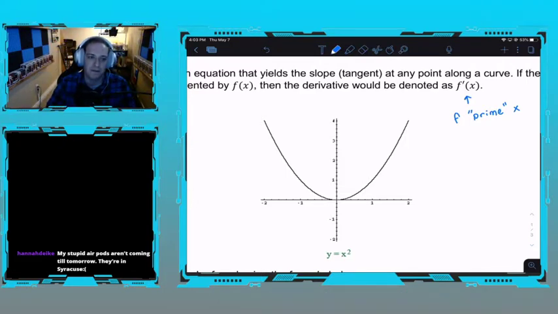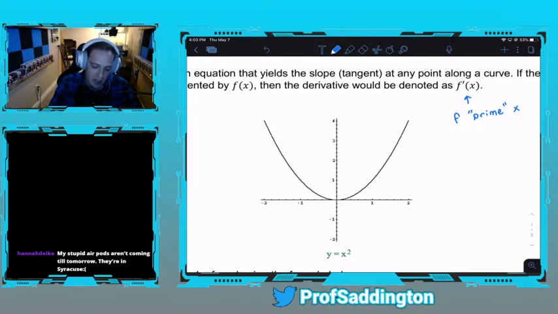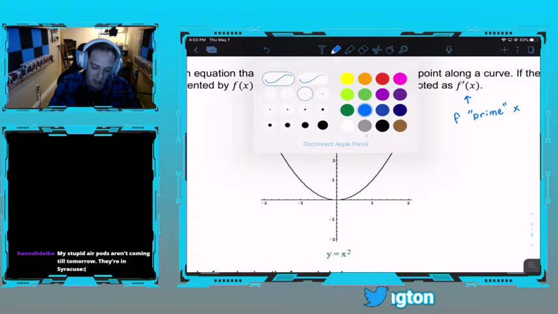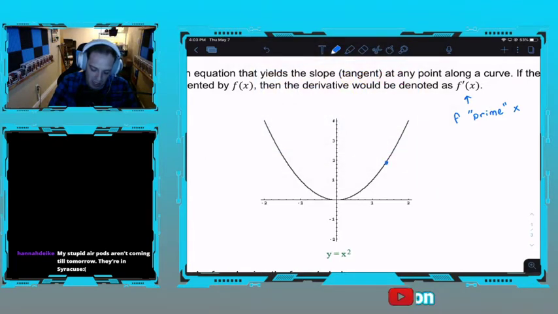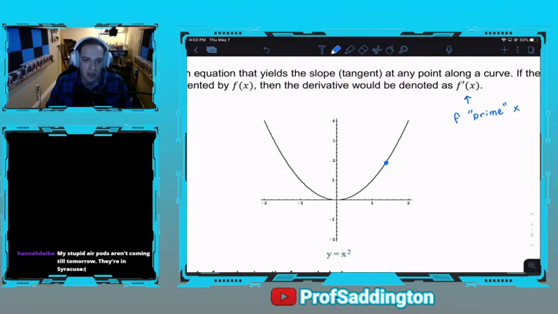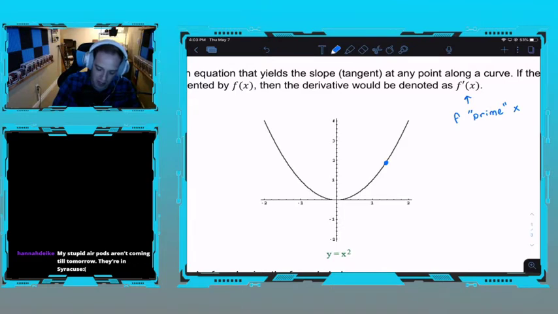Okay? So this definition says that if I pick some point that is on this curve, let's say I pick a point over here, that means if we were to find the derivative of this, it's only going to touch that point once, and it's going to be represented by a tangent line.